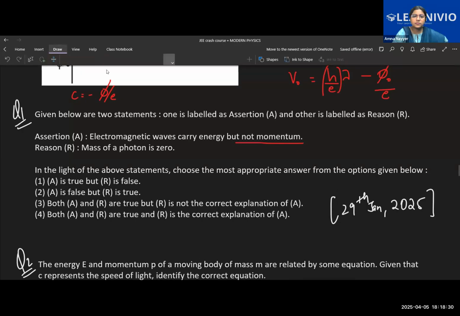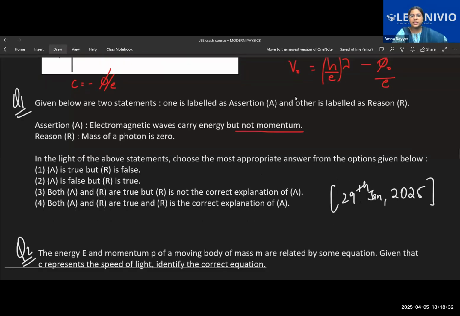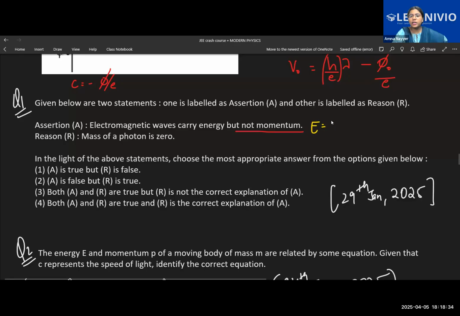False. Remember, we saw the formula E is equal to PC. They carry momentum, so this statement is incorrect. Electromagnetic waves carry energy, and they carry momentum. The reason says that mass of a photon is 0.